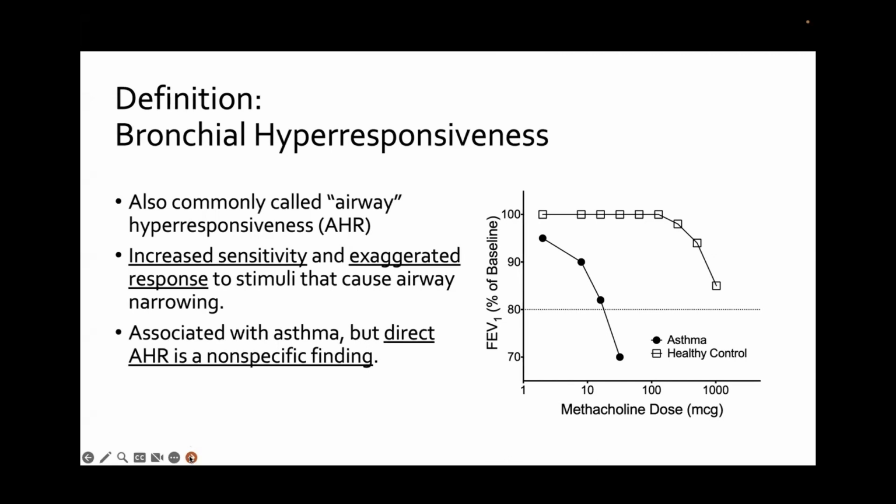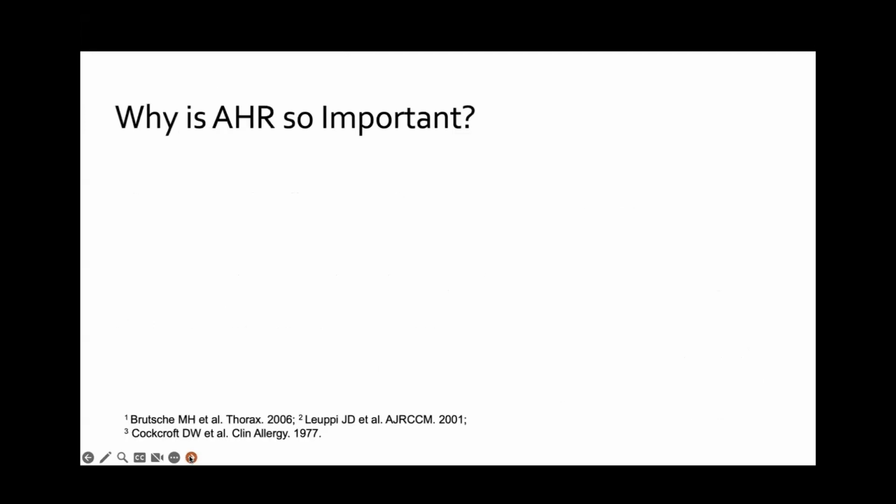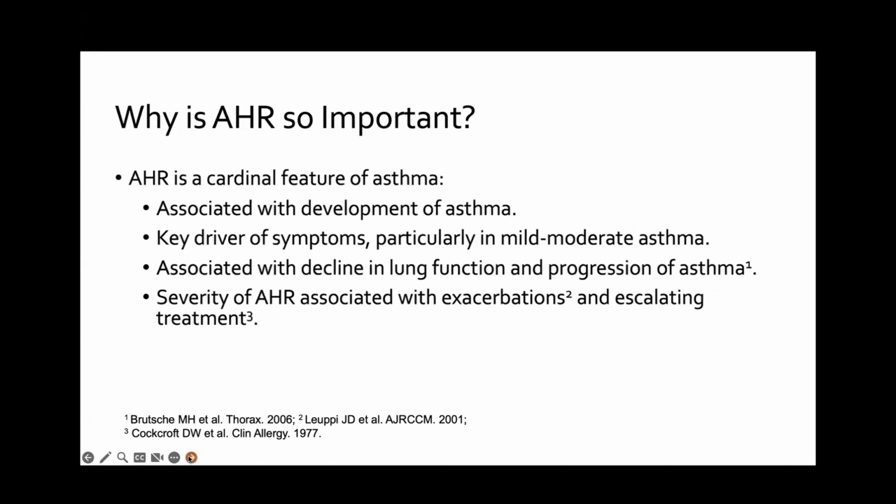And then, interestingly enough, there's a modest number of people with asthma that will have a negative direct test, and I'll go over that a little bit more. The reason that this is so important is that this is really the key physiological abnormality in asthma. If you screen children that have airway hyperresponsiveness, they're more likely to develop other features of asthma.